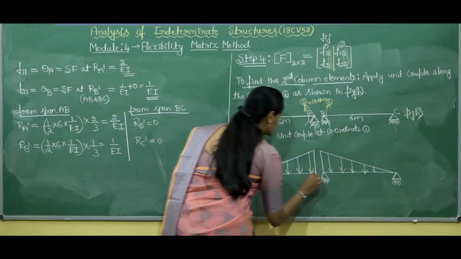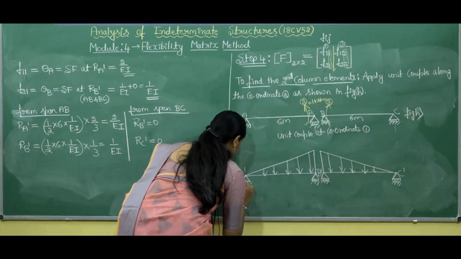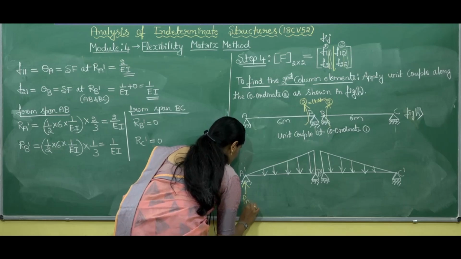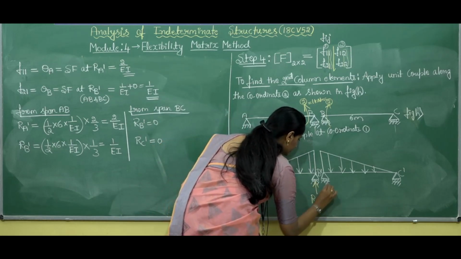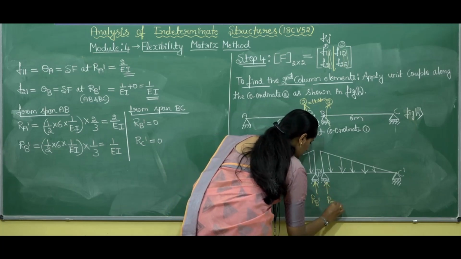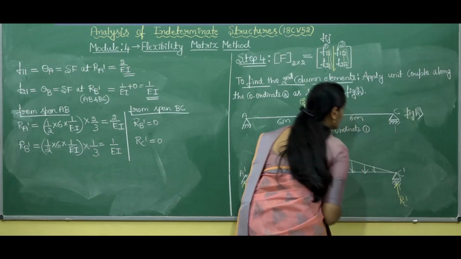This is A dash, this is B dash, this is C dash, this will be RA dash, and this is RB dash, this is also RB dash, and this is RC dash.